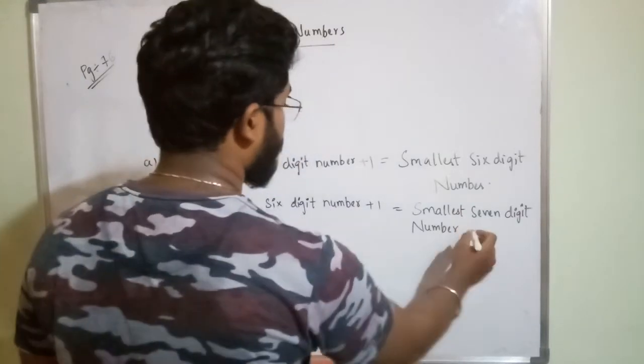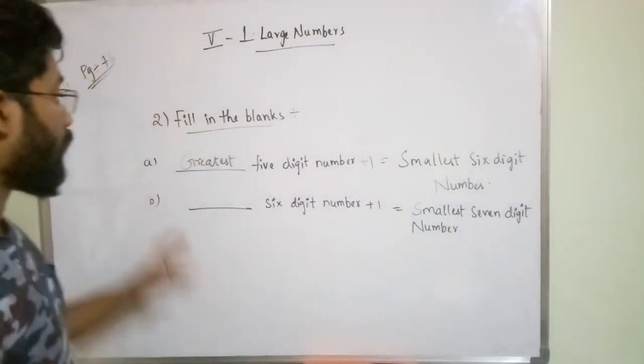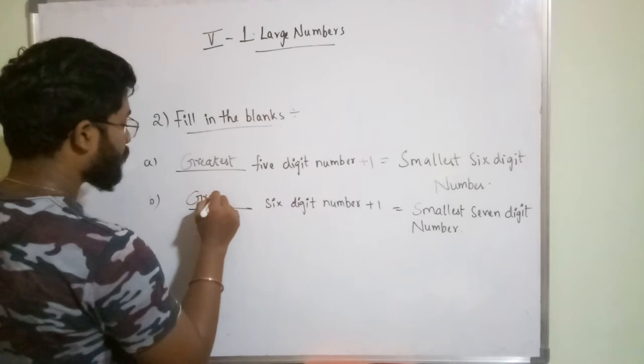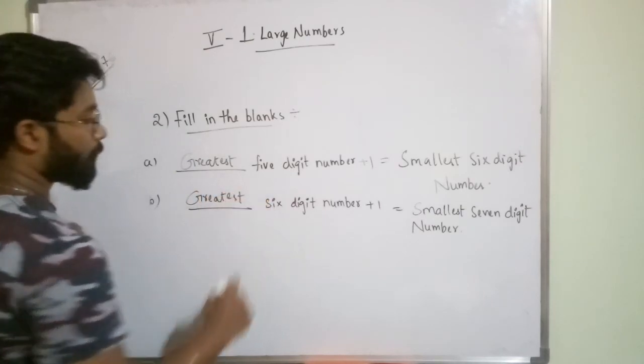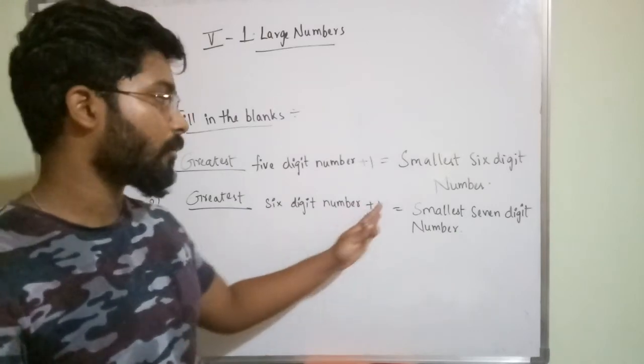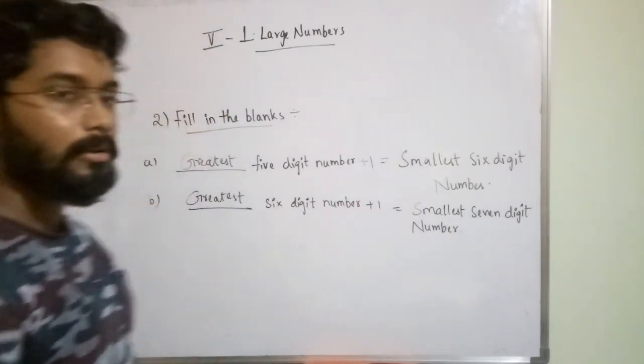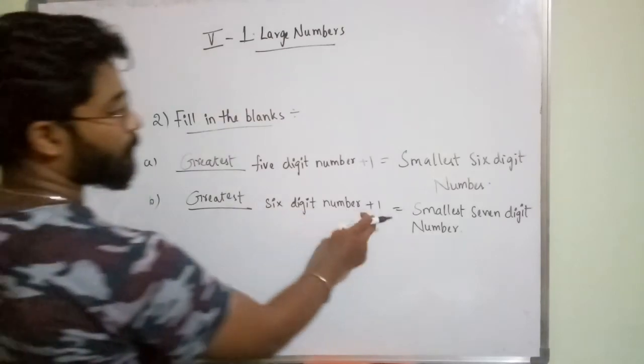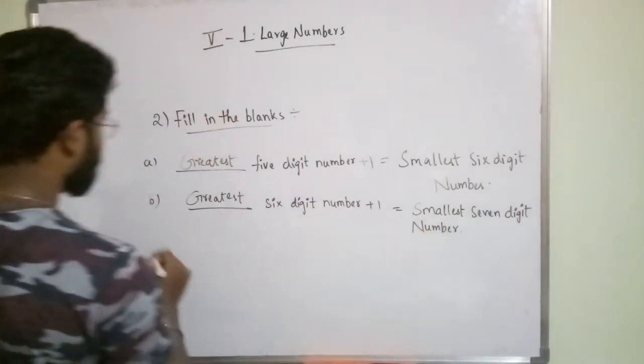So after greatest 6 digit number, after means plus 1, only after greatest 6 digit number are you going to get smallest 7 digit number. So greatest 6 digit number plus 1 equal to smallest 7 digit number.